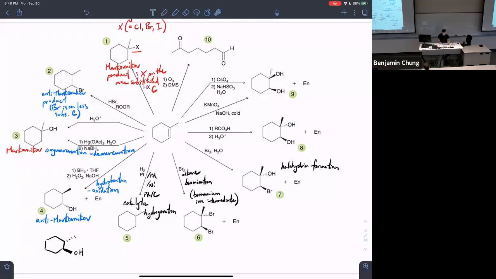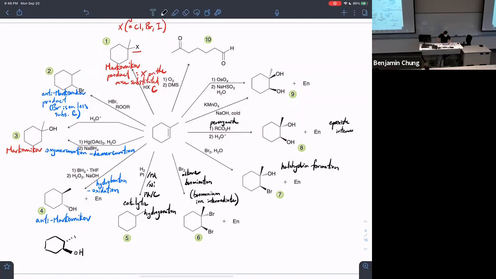This reaction here, which uses RCO3H, do we know what this functional group is called, generally speaking? It's a peroxy acid. So a peroxy acid can react with an alkene to give you an epoxide intermediate.